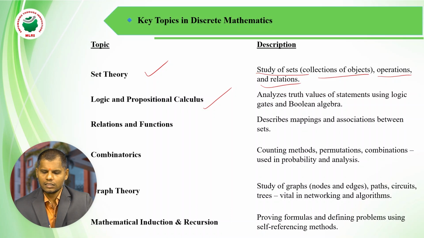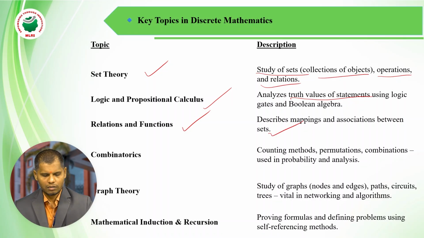Here we analyze the truth values of statements using logic gates and Boolean values, truth tables, analyzing statements by using logical gates. Next, relations and functions, describing the mapping and association between sets.